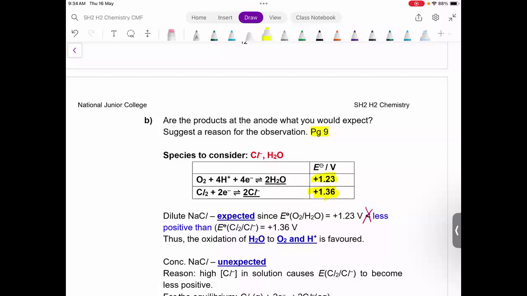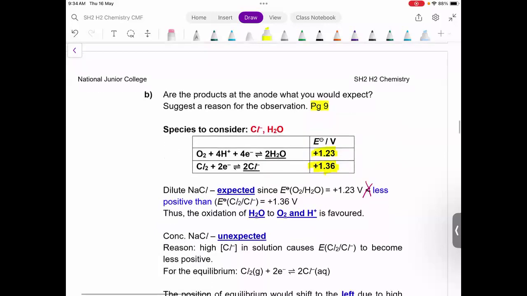Just know that in A-level syllabus, once I replace dilute sodium chloride solution with brine, I need to know that the anode reaction will change. Chloride will be the one that is preferentially discharged. And why is it preferentially discharged? Because it has become more positive. Less negative.